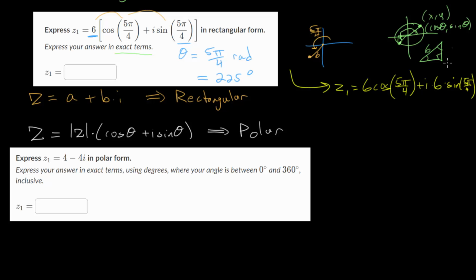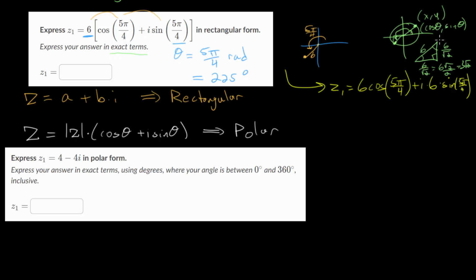We could remember the pattern that you essentially just divide by the square root of 2 for each of these, and you get 6 root 2 over 2, or 3 root 2. Or you could call each of these side lengths a variable like x and set up the Pythagorean theorem, x squared plus x squared is 6 squared, and then solve for x and figure out that it is indeed 3 times the square root of 2.